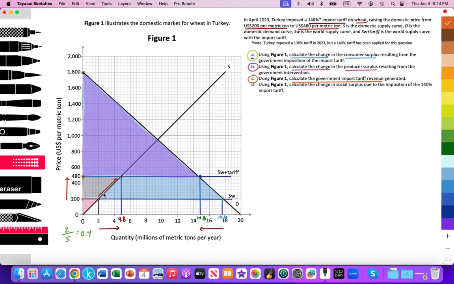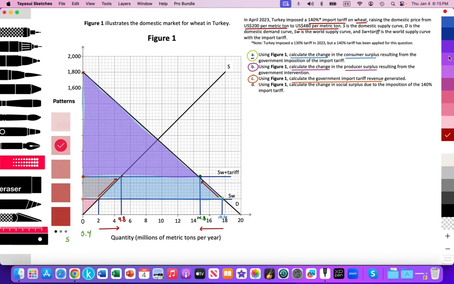Higher price has increased the domestic production in Turkey from 2 million to 4.8 million. And that higher price has also reduced, disincentivized domestic consumers. So we see a decrease in the domestic consumption. It's falling from 17.6 million to 14.8 million.